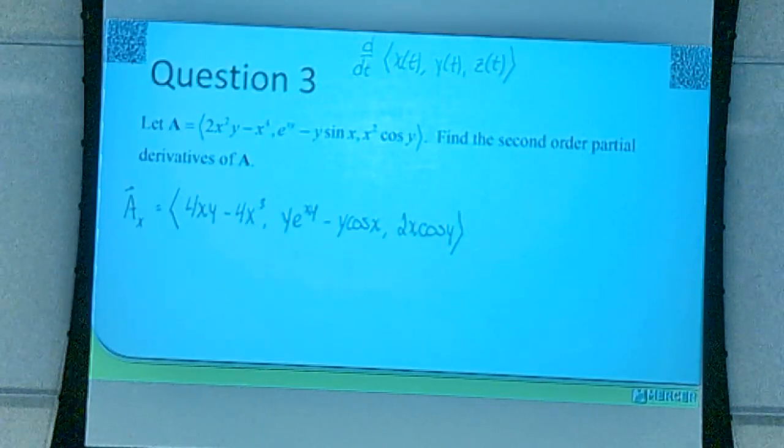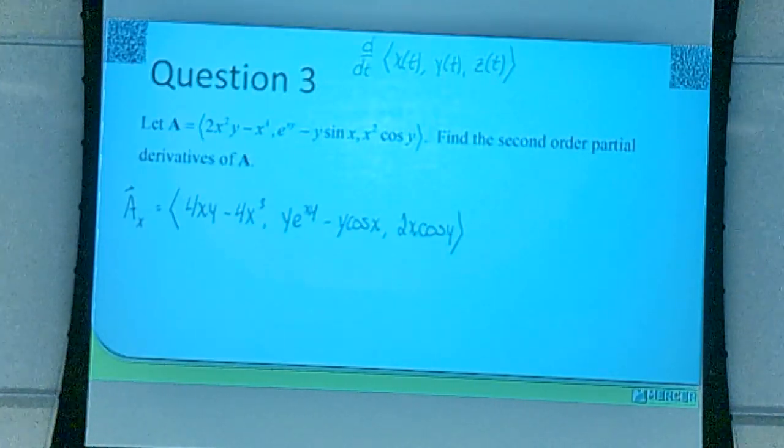Yeah. Now we need the second order partials. I'm starting with x. I'm going to find the second order partials from x. How many are there? Three. Oh, no, there's not. I'm sorry. There's only two. There's no z, right? This is just a two-variable function. So now, do the partial again with respect to x. What's your first component? 4y. Minus 12x.